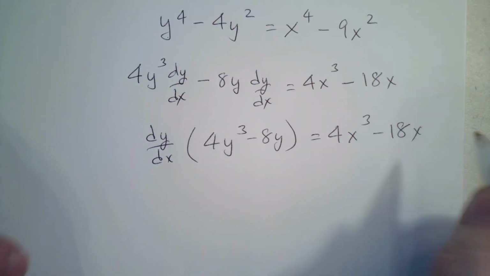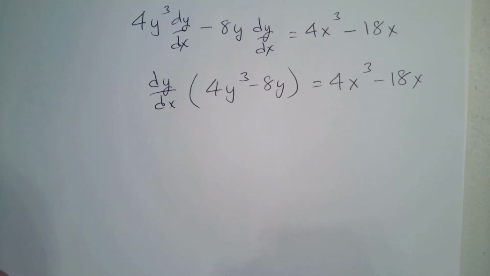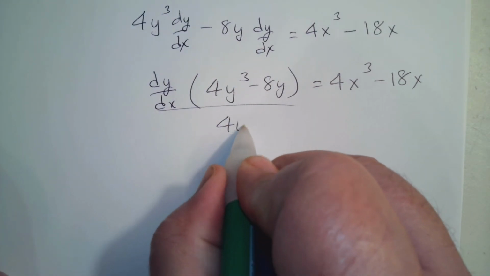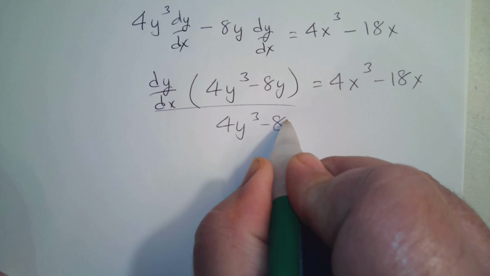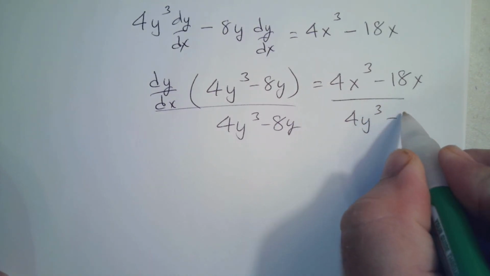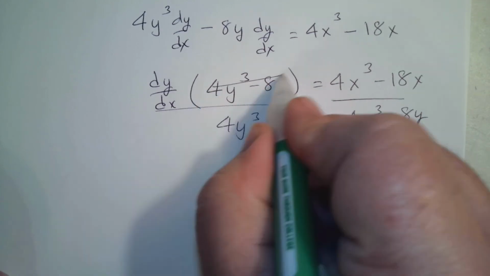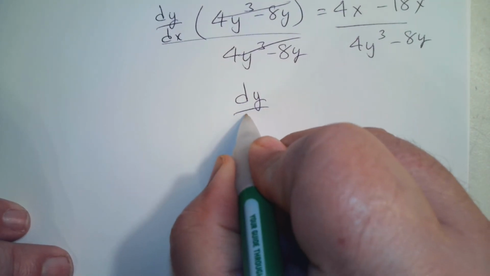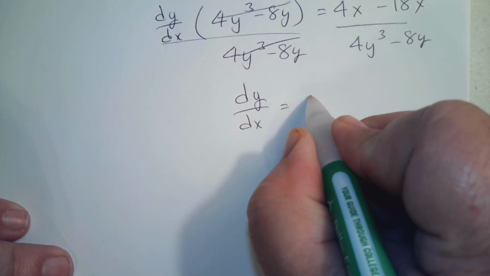And the other side is that. Divide both sides by 4y cubed minus 8y.